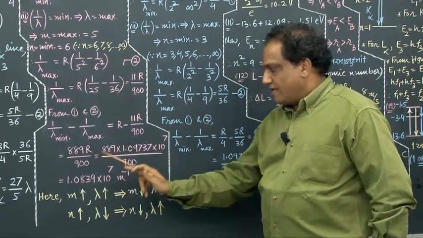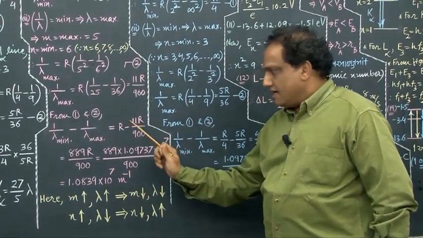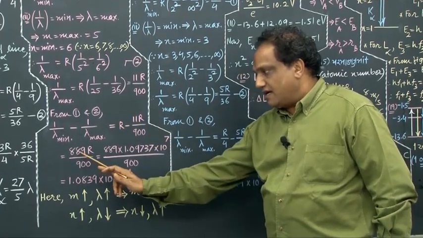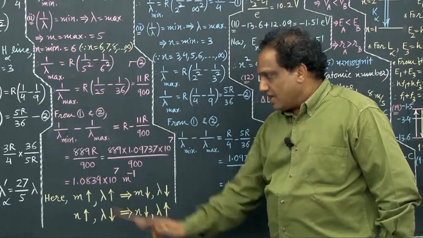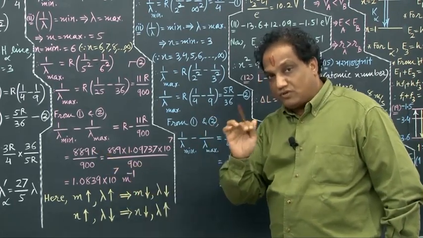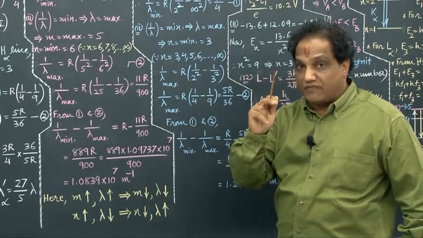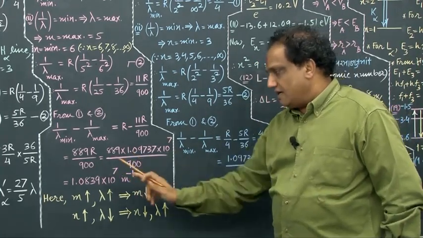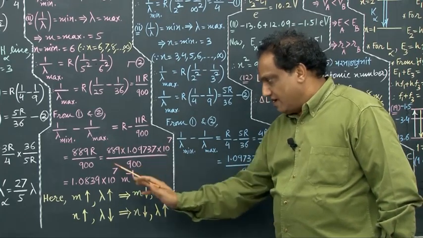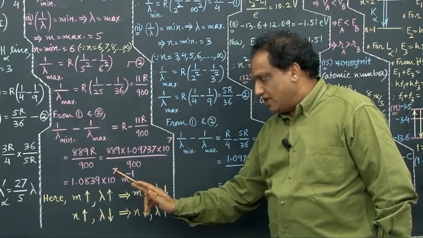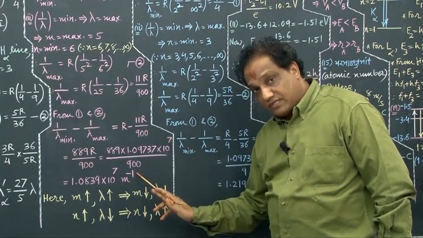Now 900 will be taken in LCM. 900 into r minus 11 into r, it is 889 into r. 889 as it is, value of r, Rydberg's constant 1.09737 into 10 raised to 7 meter inverse. Same values are written here, 900 as it is. Simplify, the value is 1.0839 into 10 raised to 7 meter inverse.